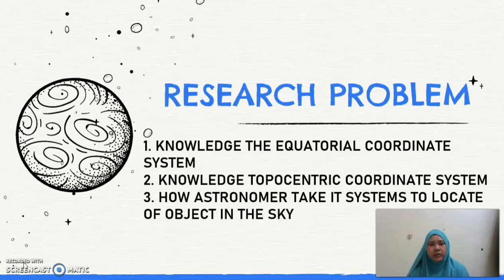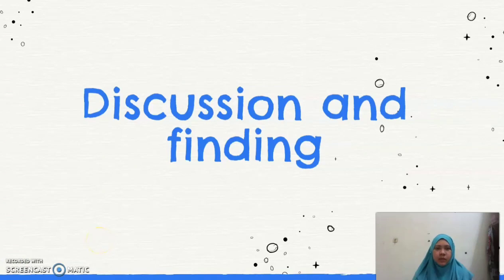And lastly, how astronomers use these systems to locate an object in the sky. From these systems, we can know how astronomers locate objects in the sky. So I will continue.